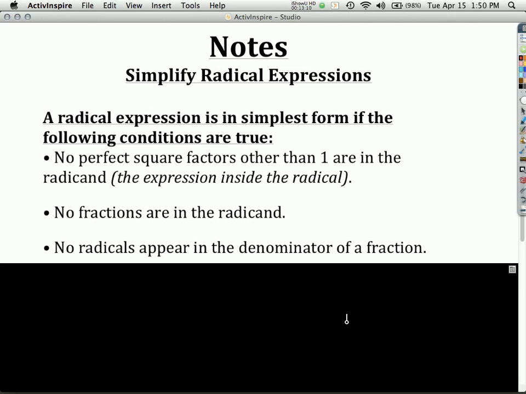So, these criteria, these conditions, we're copying down to fall back on later on. You're going to see why we need this written down. These are reminders of what has to be true, especially the no perfect square factors and no radicals in the denominator.